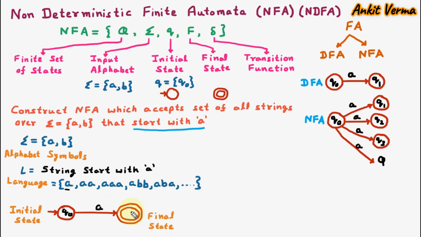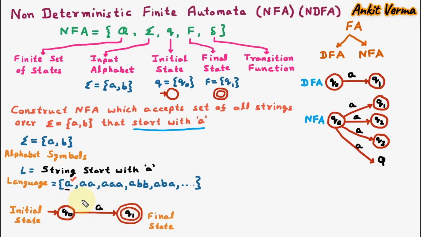I am giving the name of this final state as Q1. In the NFA we have the element F, which is the set of final states, and here the final state is Q1. So for A we go from the initial state to the final state, and this is accepted by the NFA. Till now the skeleton of the NFA is created.